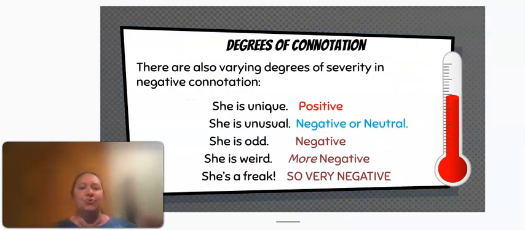There can be different degrees of severity of negative connotation. She is unique. That's positive. She is unusual, negative or neutral. She is odd, that's getting negative. She is weird, that's more negative. And then she's a freak, that is so very negative.